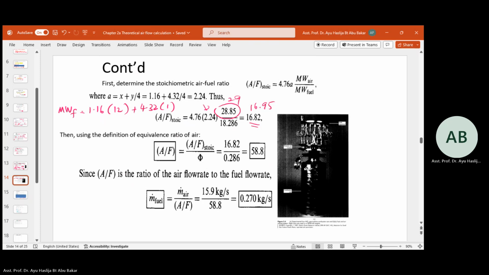Molecular weight of fuel, 12 for C and 1 for H. Roughly you akan dapat 18.24 lah.